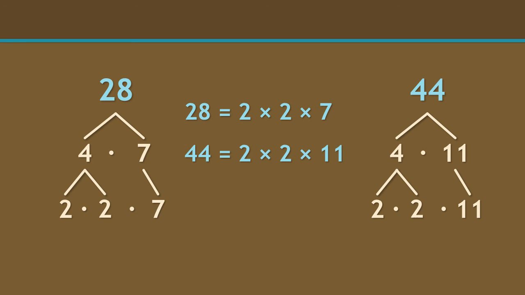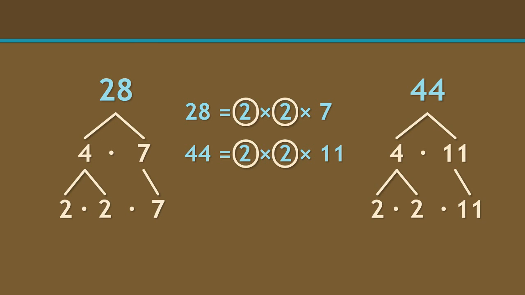Our next step is to write out our prime factors in this form. So we start with our number 28 equals 2 times 2 times 7. And then we have 44 equals 2 times 2 times 11.